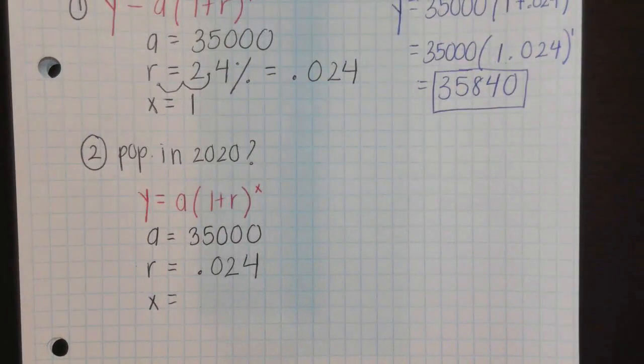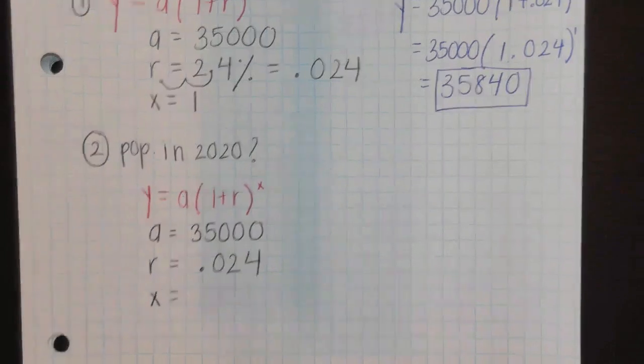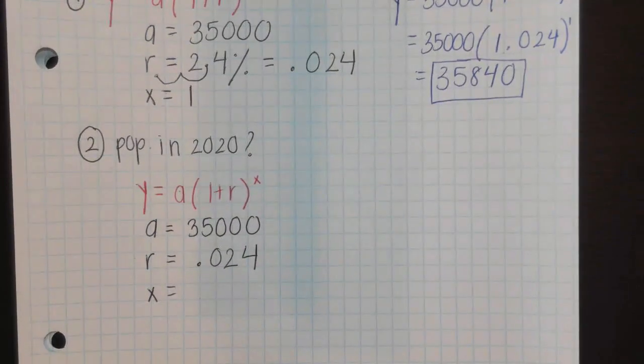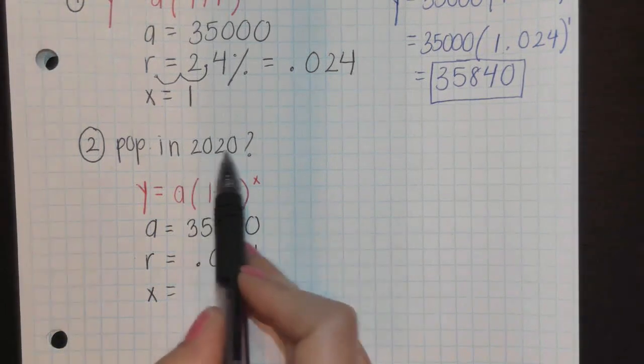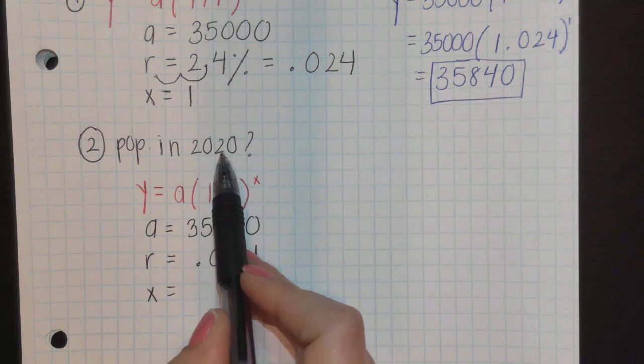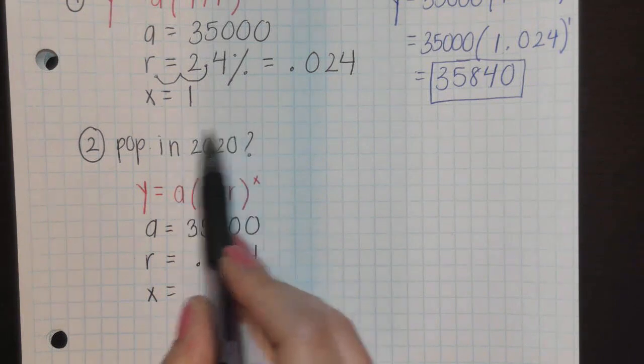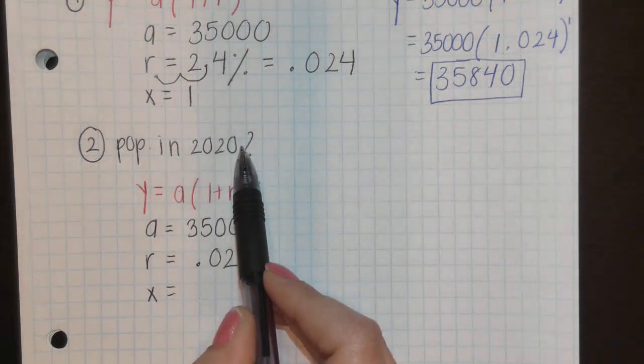Now, your X value, the amount of time that they are asking you for in this question, is that one going to change? This is when it gets a little bit more tricky. The question says, use the equation to estimate the population in 2020. You have to think back to yourself: what was the original year that they gave you in the word problem? The original year was 2016.